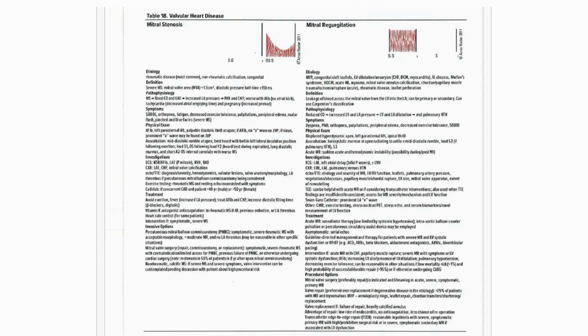Investigations. The investigation section summarizes the diagnostic workup. ECG may show atrial fibrillation, left atrial enlargement, right ventricular hypertrophy, right axis deviation. Chest X-ray may reveal left atrial enlargement, pulmonary congestion, mitral valve calcification.